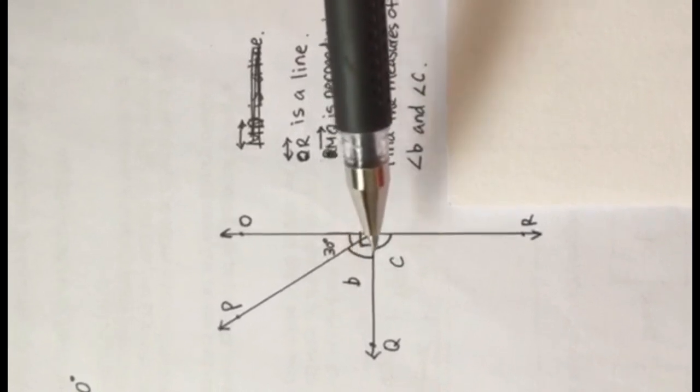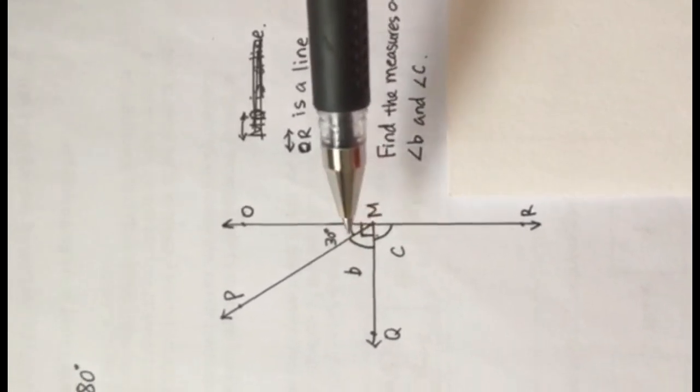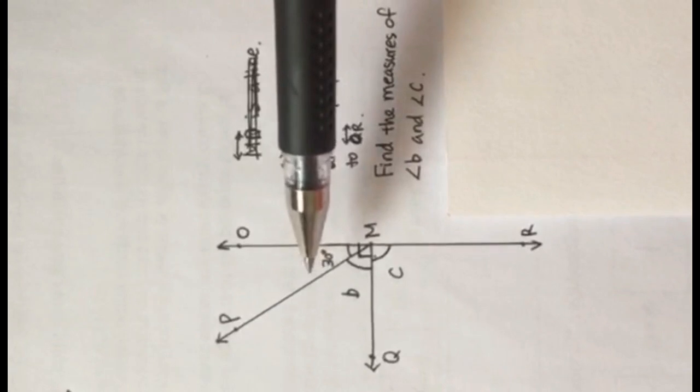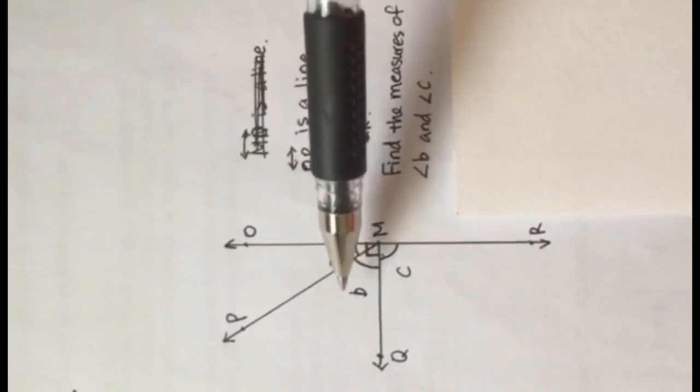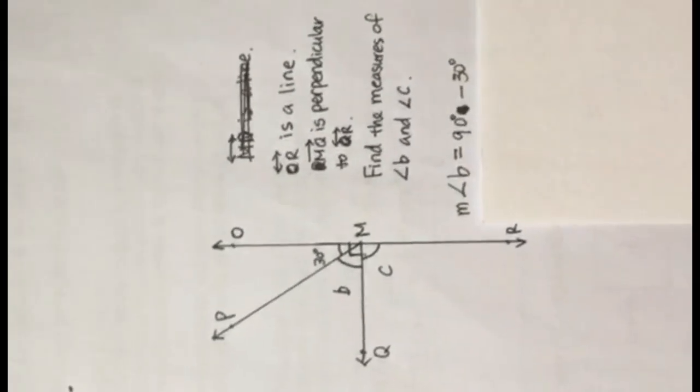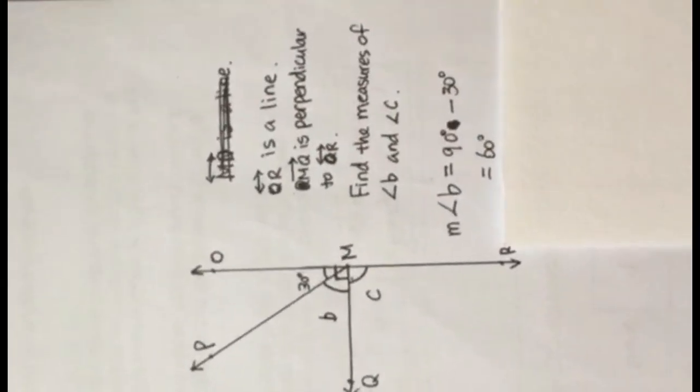Find the measure of angle B and angle C. If we think of the properties of the angles, we know that the right angle is 90 degrees and part of the right angle is 30 degrees, and we would find out angle B is 60 degrees. So measure of angle B is 90 minus 30, which is 60 degrees.